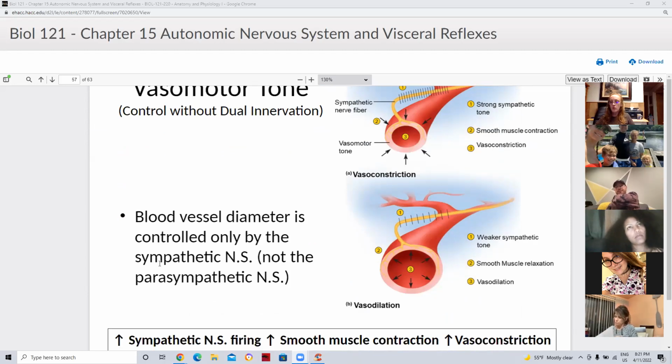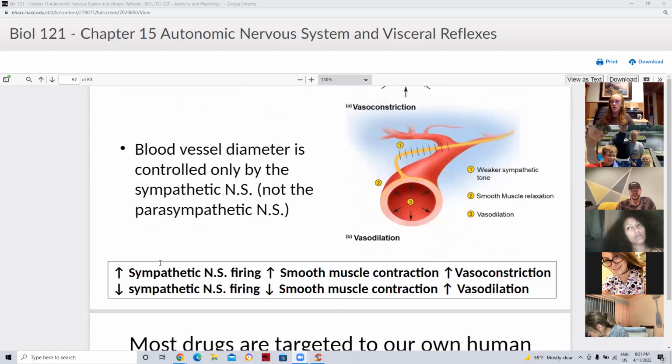This is really important next semester when you study blood flow.